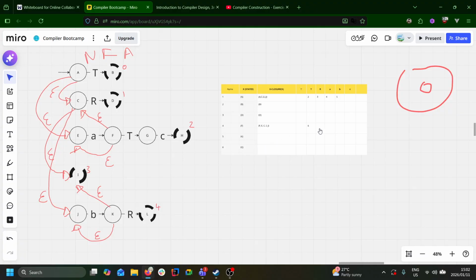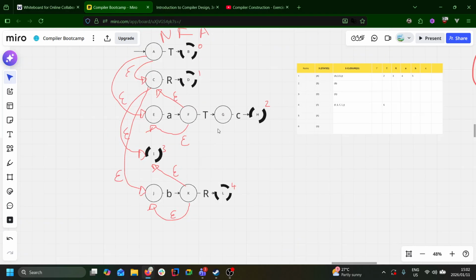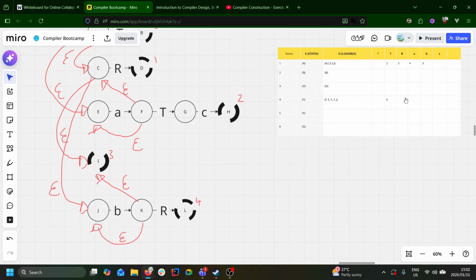Is there a transition for 6? I don't think so. R? I don't think there's another transition for R. And A. Is there a transition for A?